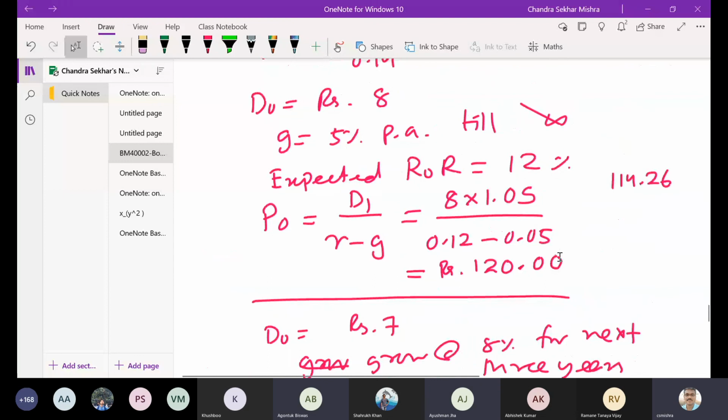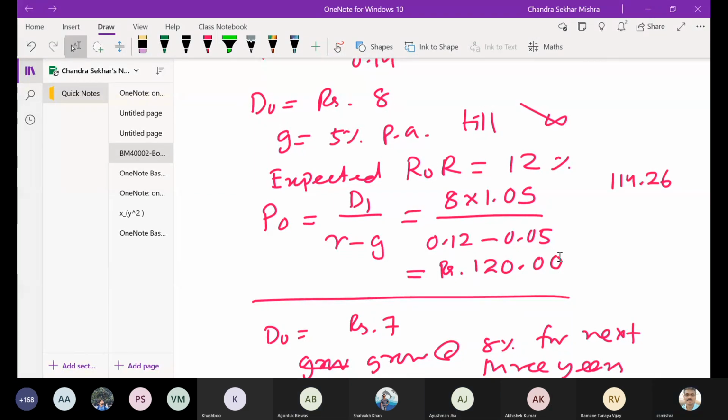Why did you multiply 8 with 1.05? Because the formula is D1, the next year's dividend, not this year's dividend. Your D0 is 8, so D1 will be 8 into 1.05. Okay, sir.